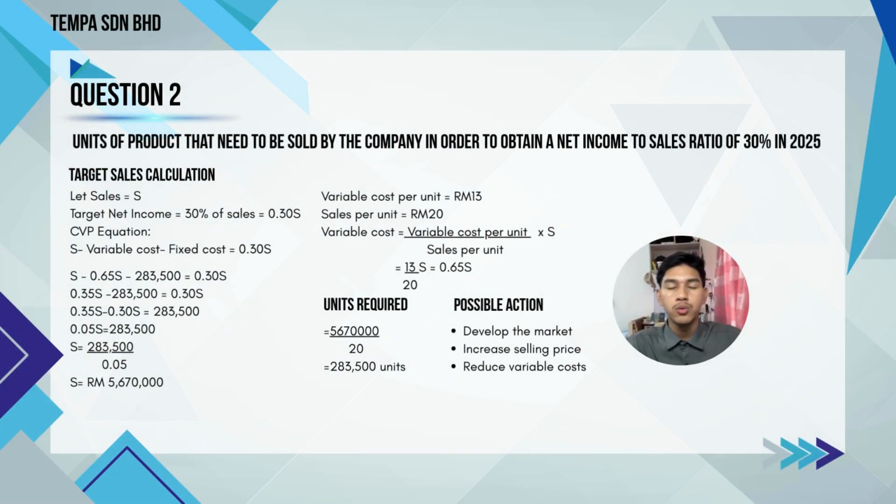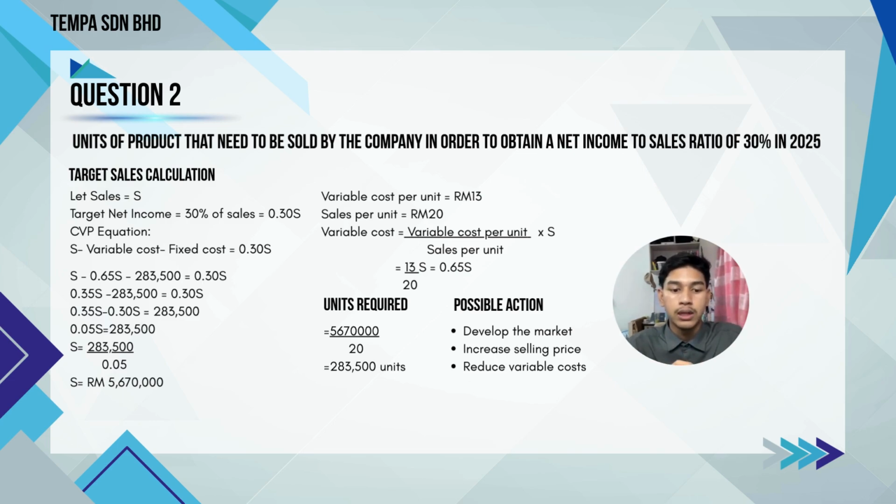For question 2, we need to find the units of product that need to be sold by the company to obtain a net income to sales ratio of 30% in 2025. First, we make a target sales calculation and let required sales be the letter S. For the formula, contribution margin minus fixed cost equals net income. The contribution margin is 0.35S, minus 283,500, equals 0.30S.